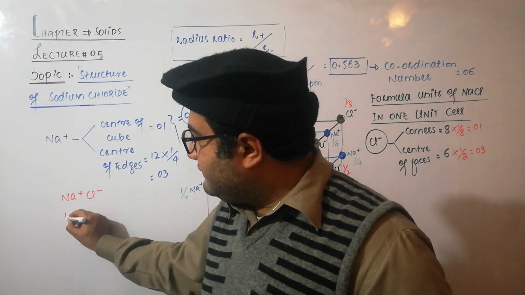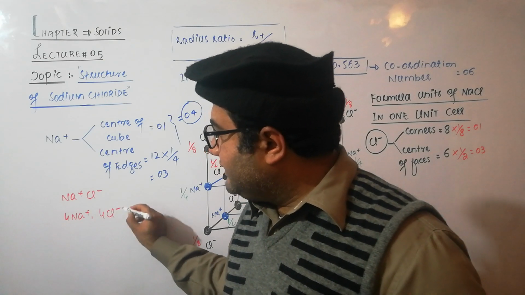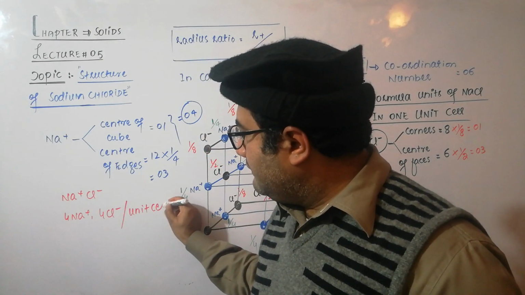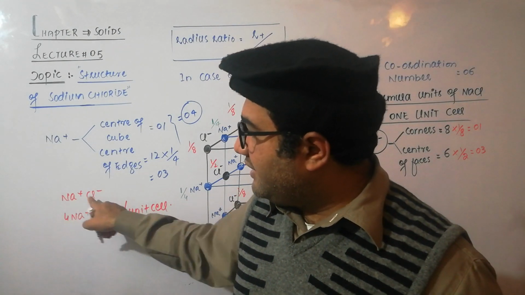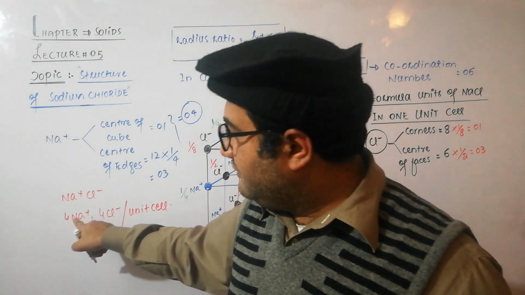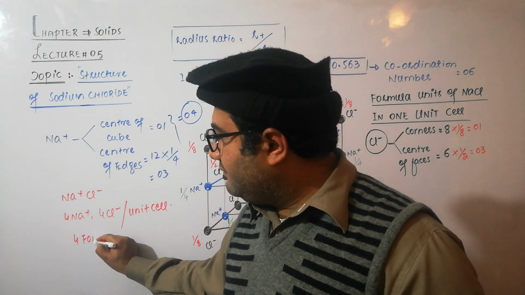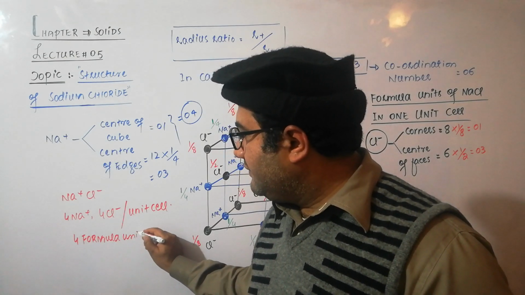And if there are 4 sodium ions and 4 chloride ions per unit cell, then how many formula units will be there? 1 sodium, 1 chloride, 1 formula unit; 4 sodium and 4 chloride means 4 formula units.